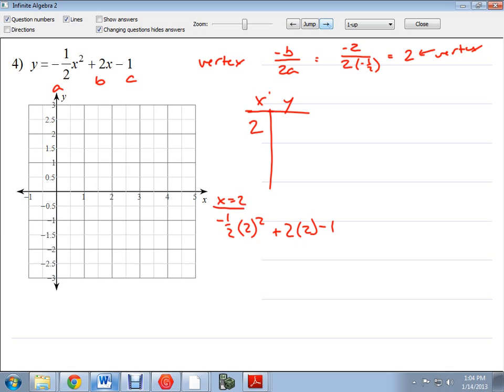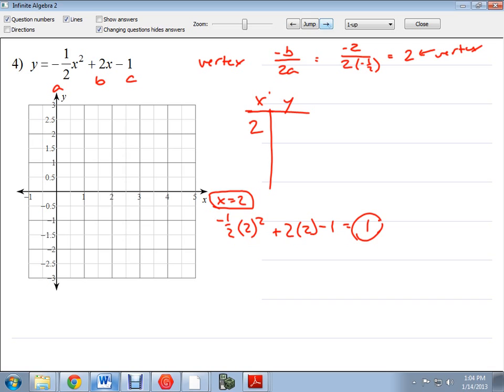So this is equal to 2, right? Now, what did you say? 2.875? That doesn't seem quite right. No, it's 1. 2 squared is 4, times negative 1/2 is negative 2, plus 4 is positive 2, minus 1 is equal to 1, what Isaiah said.